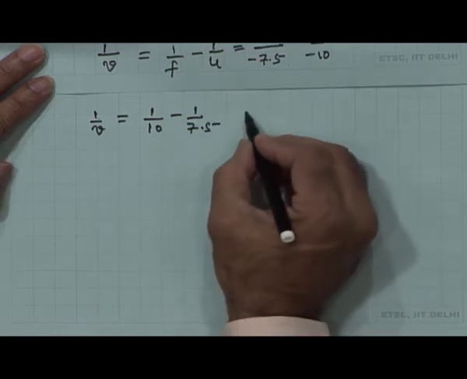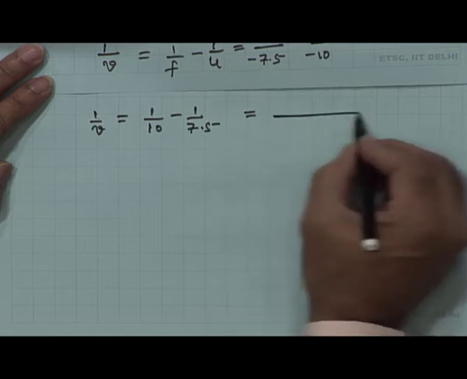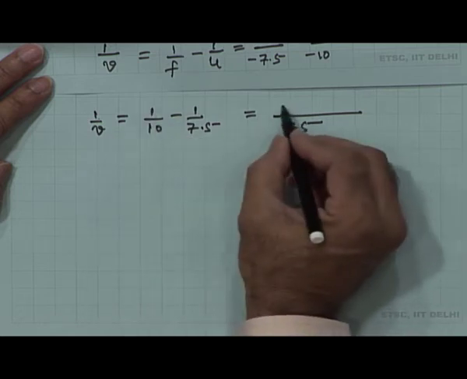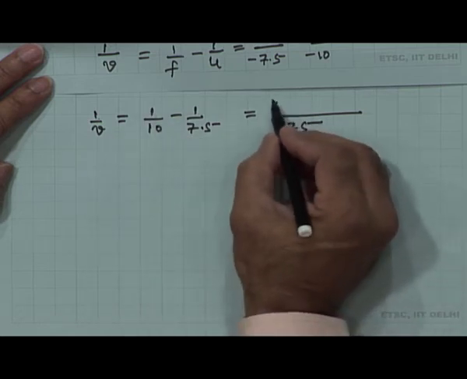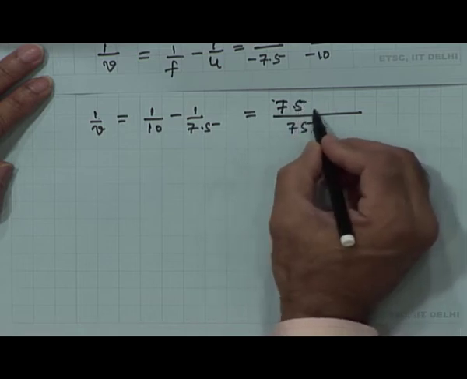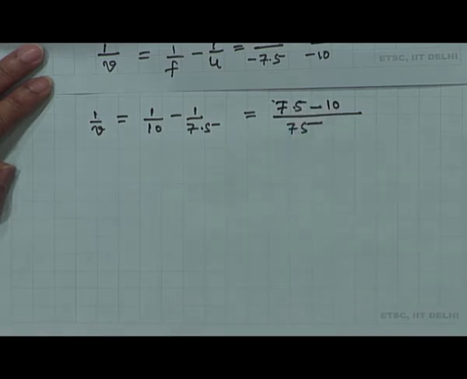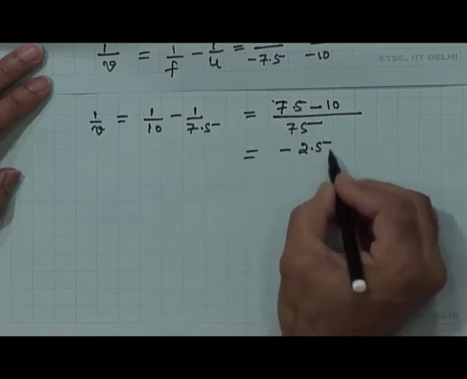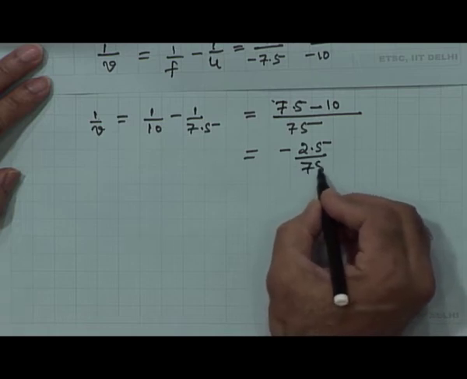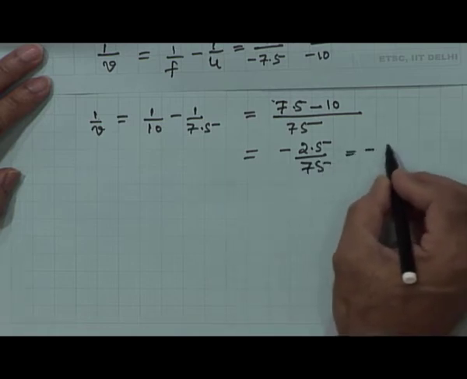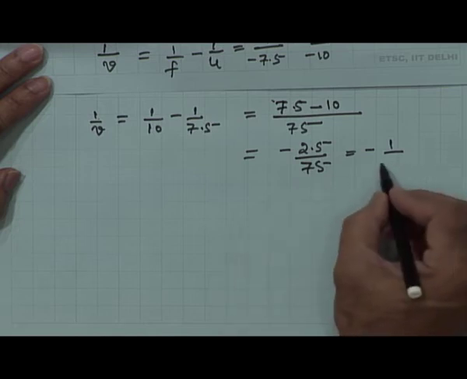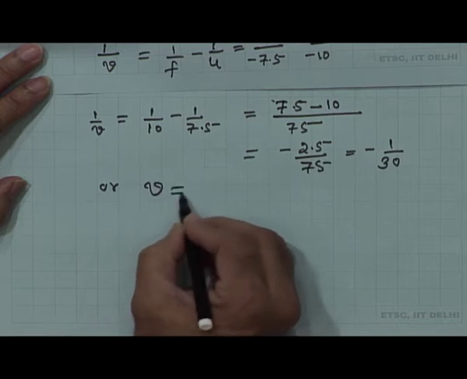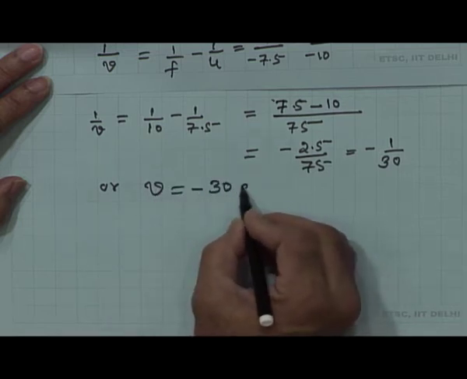So, that is equal to, taking common denominator 75, 7.5 minus 10, which is equal to minus 2.5 divided by 75, which is equal to minus 1 divided by 30, since 2.5 goes 30 times. So, v is equal to minus 30 centimeters.